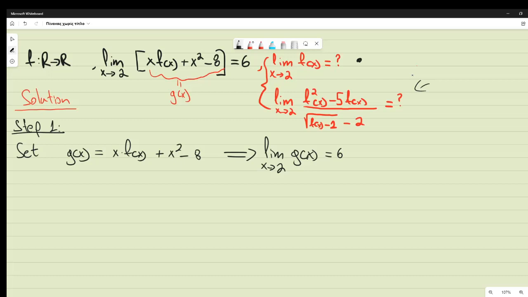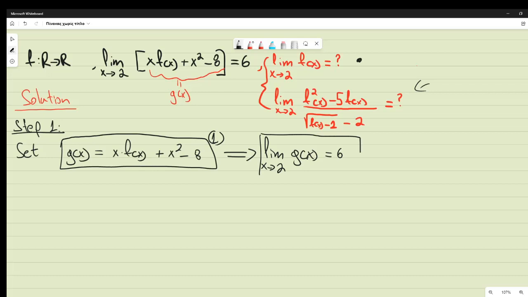Let's call this equation number 1, and this over here number 2. The next step that we are going to do is to solve equation number 1 in terms of the function f, so we will then be able to find the limit that we are asked for.